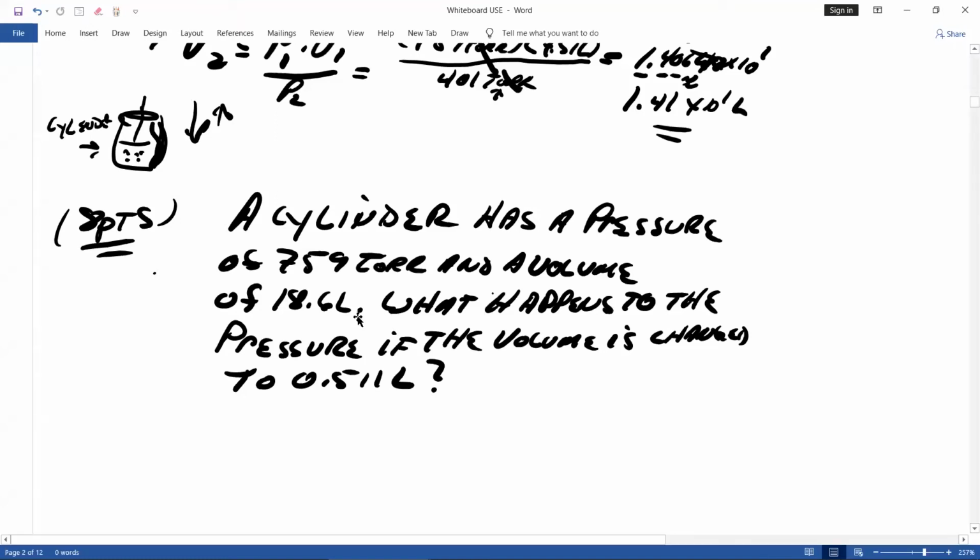We have a cylinder with an initial pressure. Well, first of all, what are we being asked to find? I'm going to let you try that first. Read that problem. A cylinder has a pressure of 759 torr and a volume of 18.6 liters. What happens to the pressure if the volume is changed to 0.511 liters? First of all, what are we being asked to find?